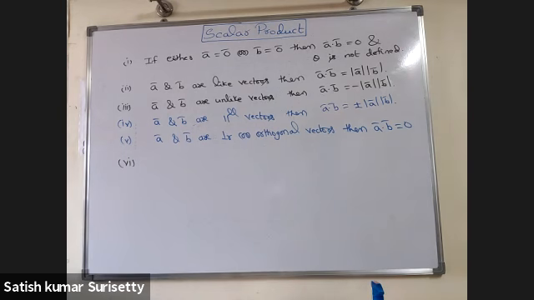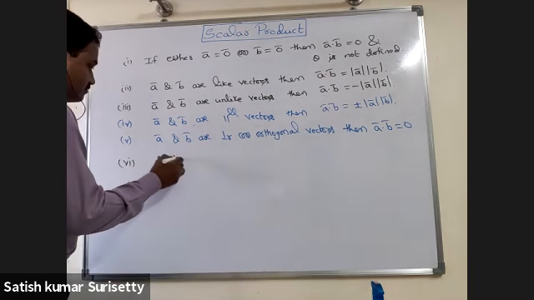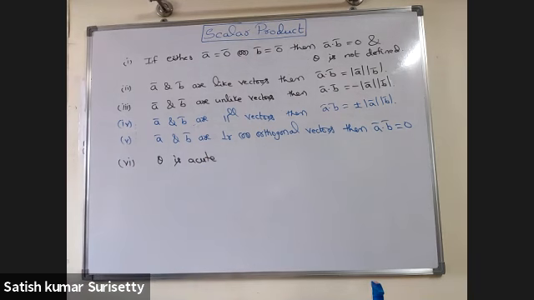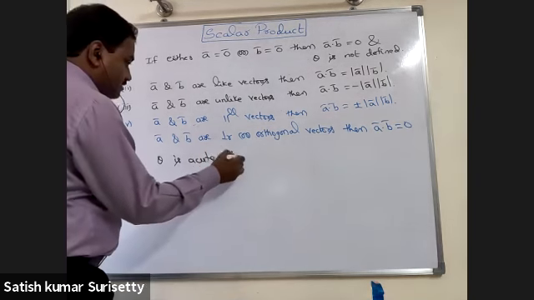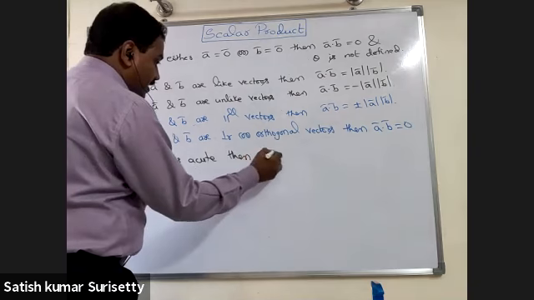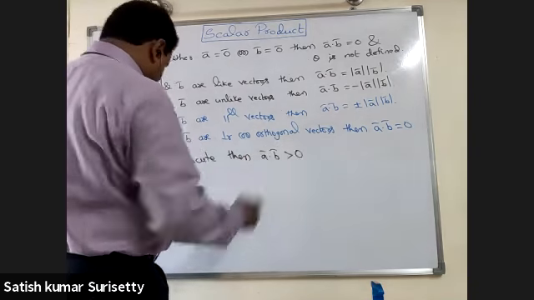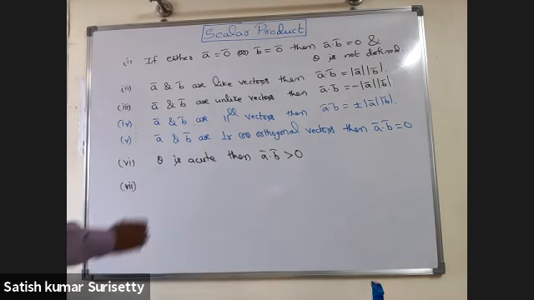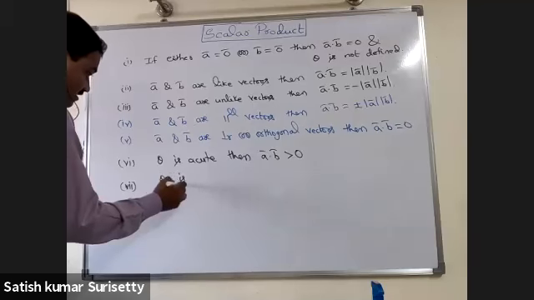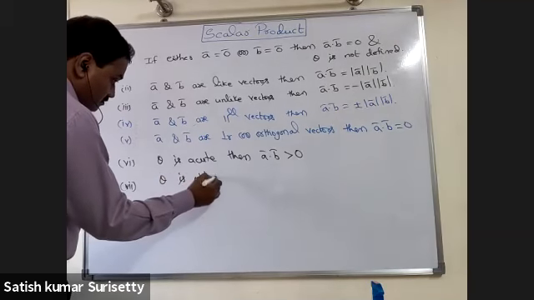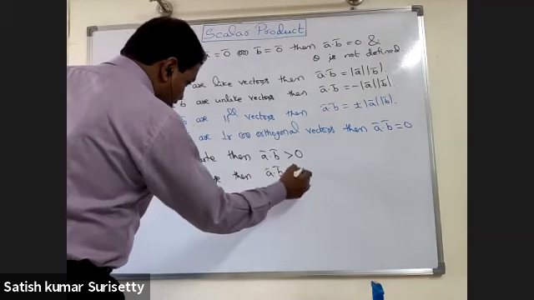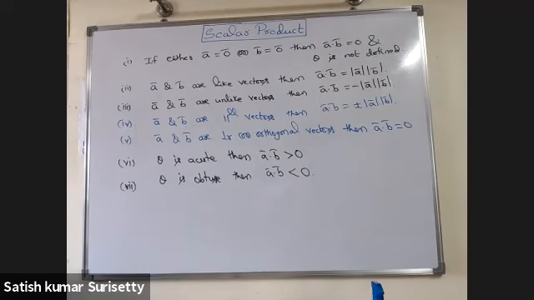If the angle between the vectors is acute, then A bar dot B bar will be greater than 0. If the angle between the vectors theta is obtuse, then A bar dot B bar will be less than 0.